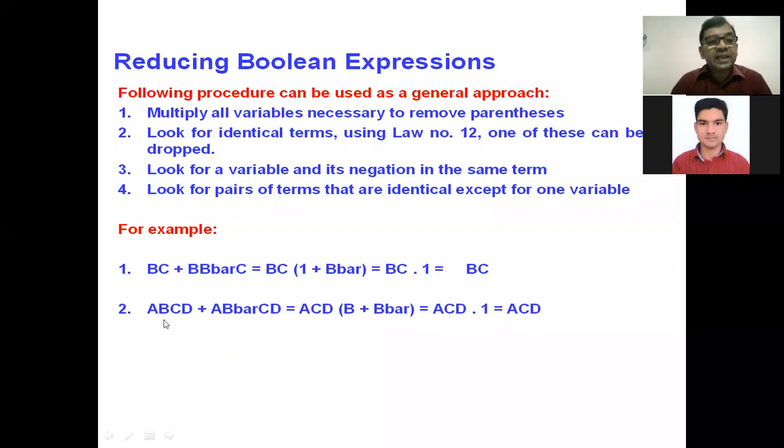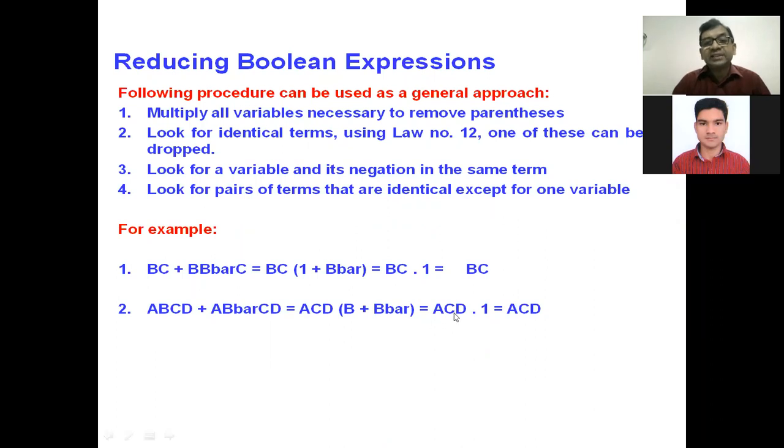Similarly, suppose there is one Boolean expression ABCD plus AB bar CD. That can further be written as ACD. We can take ACD common, then B plus B bar. This B plus B bar, as we know, is 1.